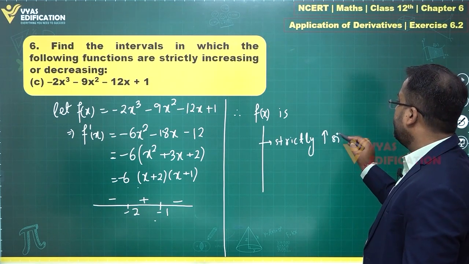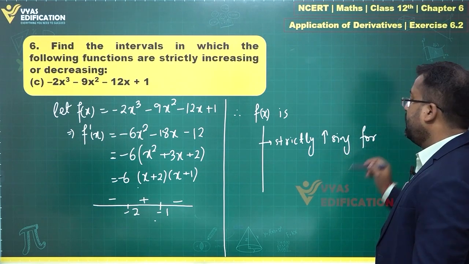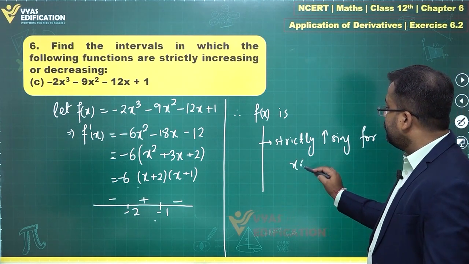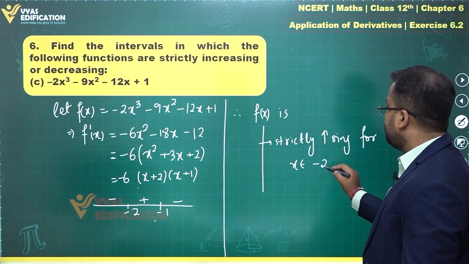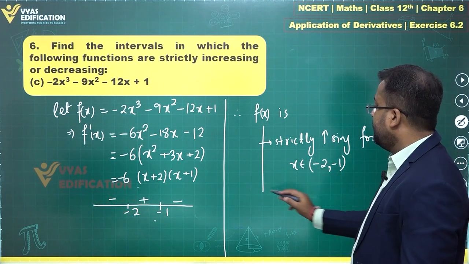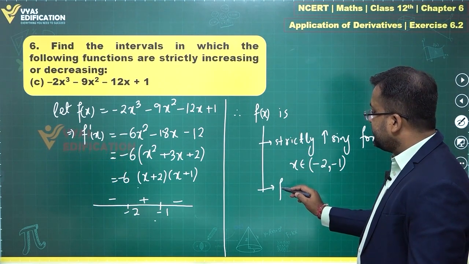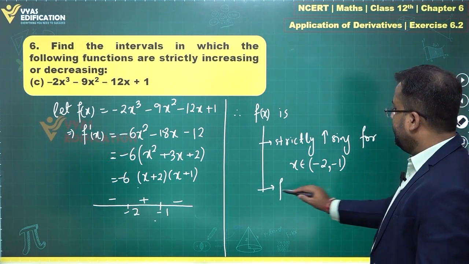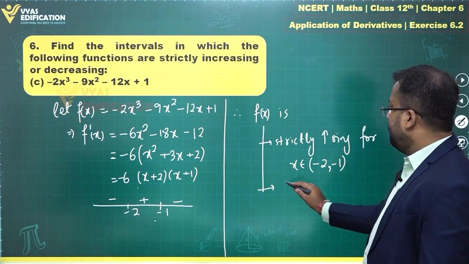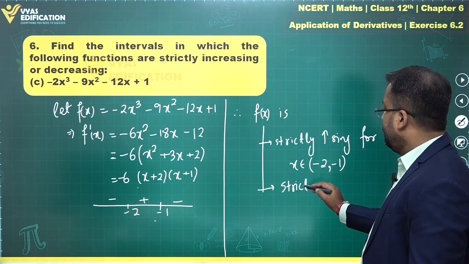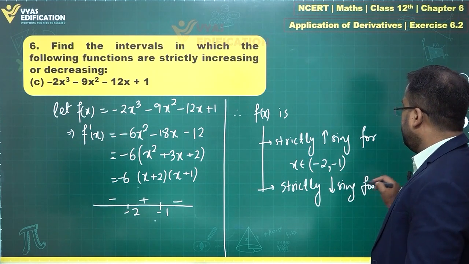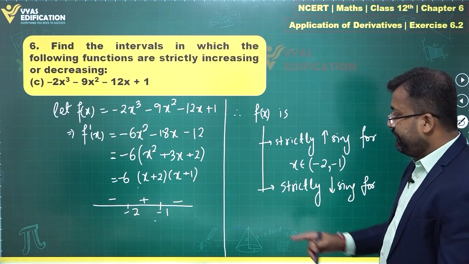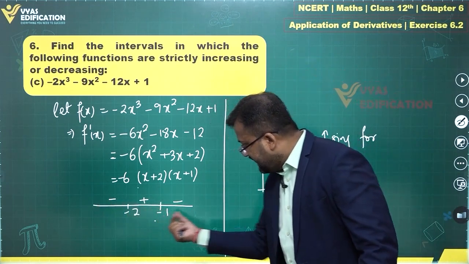strictly increasing for x belongs to (minus 2, minus 1), the interval where the derivative is positive. And you can also say that f(x) is strictly decreasing for this interval over here, this and this.